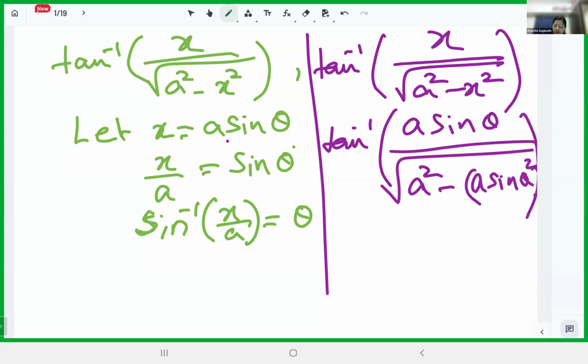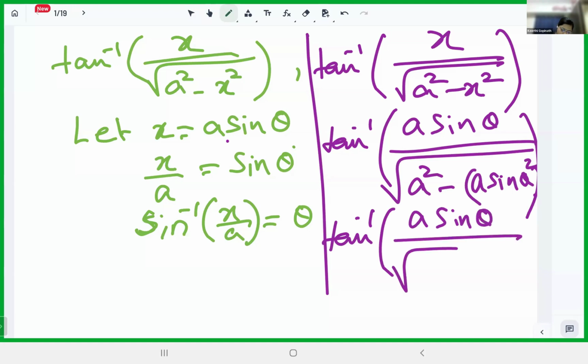Instead of x, I am giving the value a sine theta. This can be written as tan inverse of a sine theta divided by root of a square minus a square sine square theta, isn't it? A sine theta the whole square can be written as a square sine square theta.